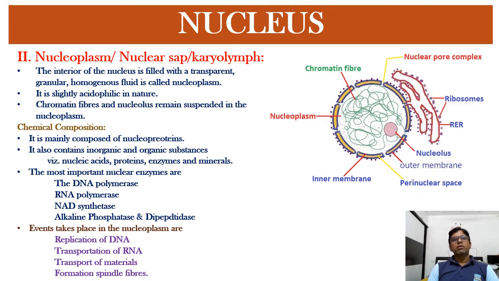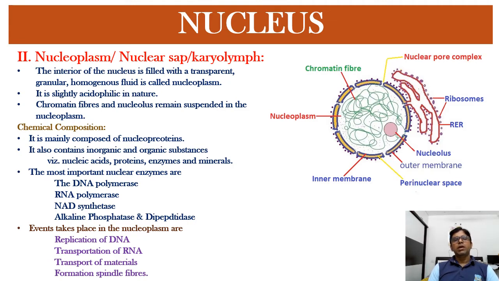So nucleoplasm is also known as nuclear sap or karyolymph. The fluid which is present inside the nucleus is called nucleoplasm, which is acidophilic in nature. Chromatin fibers and the nucleolus remain suspended in the nucleoplasm. Nucleoplasm is mainly composed of nucleoproteins and also contains organic substances like nucleic acids, proteins, enzymes, and inorganic minerals.